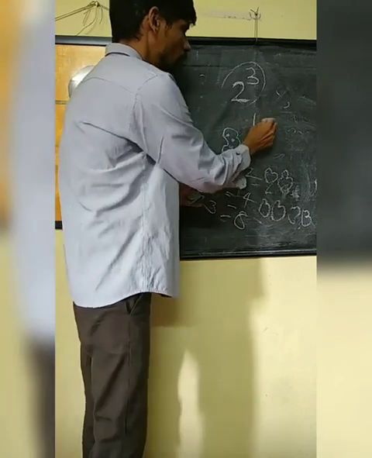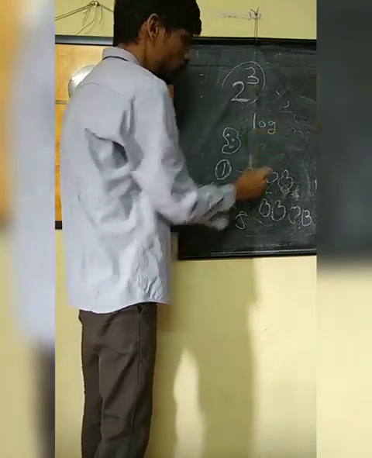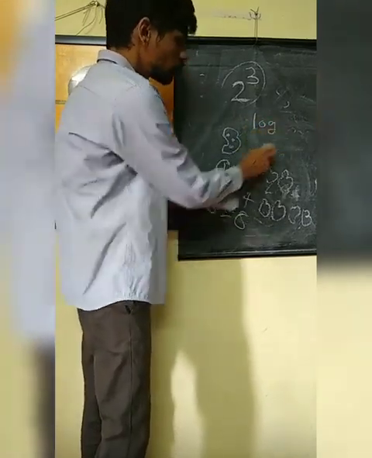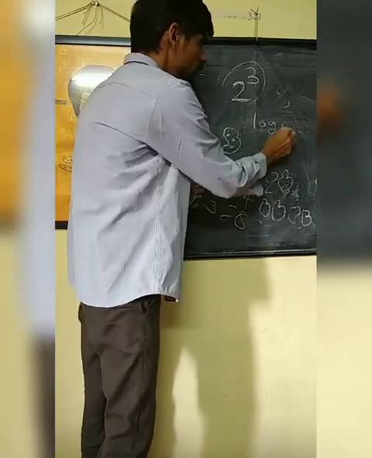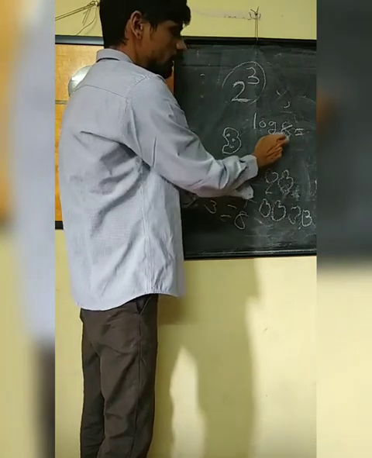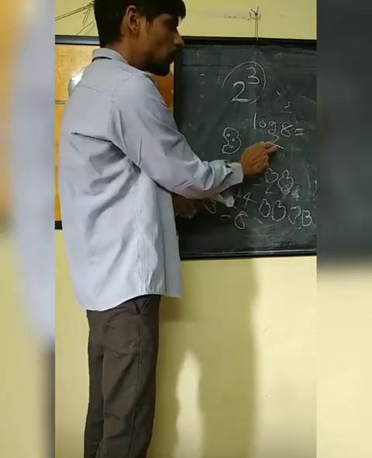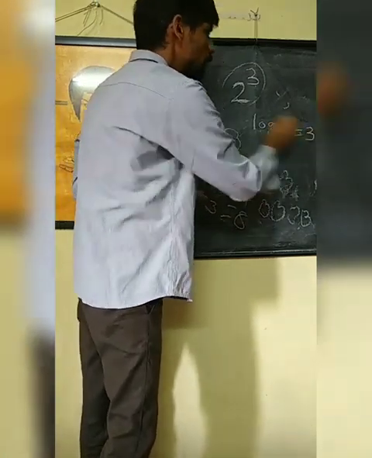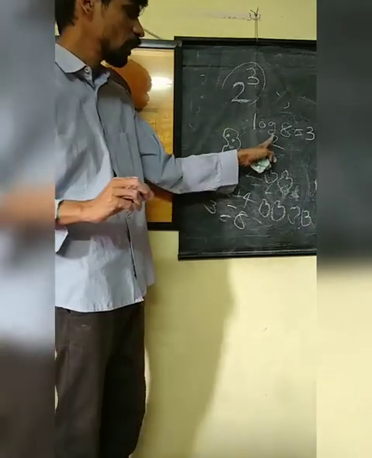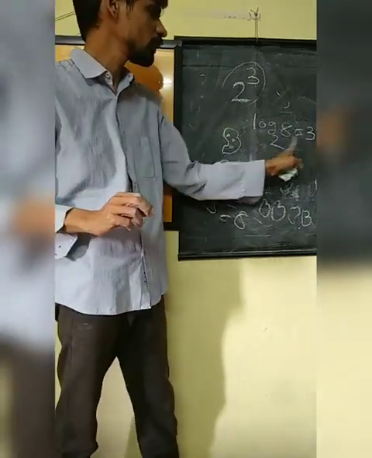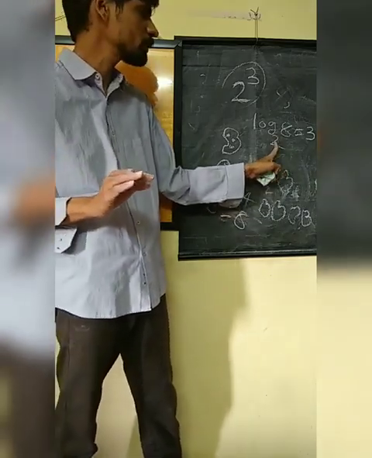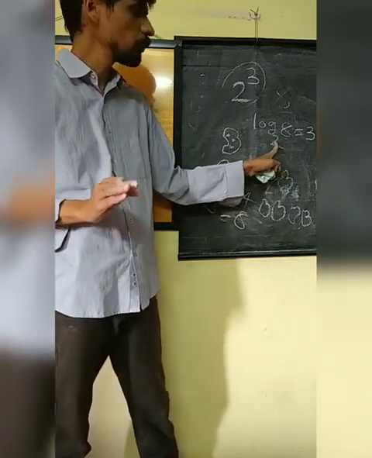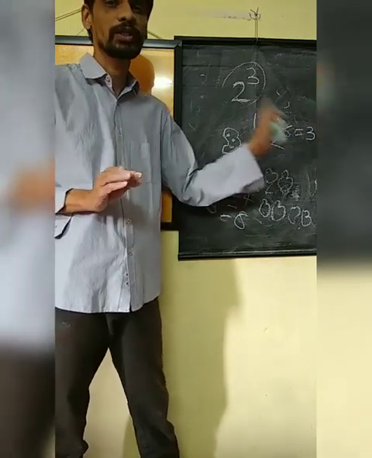That means log, my growth rate is how much? 2. What is my output? 8. To become output as 8, how many times do I need to grow? 3 times. That means log base 2 of 8 equals 3. If you allow me 3 days, as a 2, I will become 8. This is what it is saying.